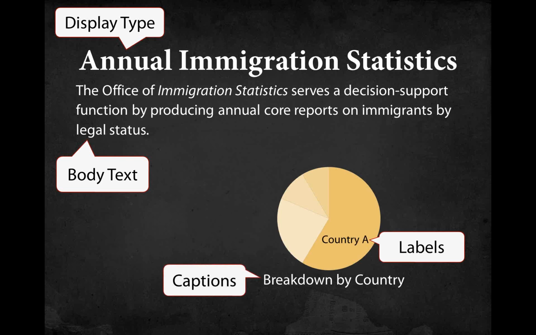And you have to think about all of these. For example, you might be able to get a little bit crazy with your display type if the content and audience lend themselves to that, because even if it's a little bit hard to read in some situations, it might be okay. But your body text is always going to need to be very clean and crisp and easy to read.